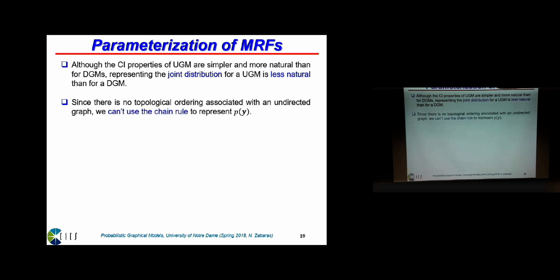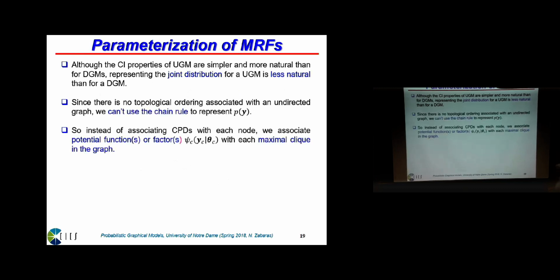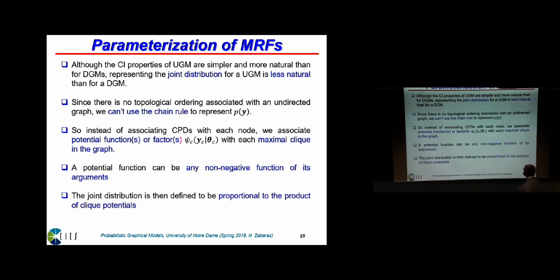All right, so let's discuss the parametrization. The parametrization we discussed has to be in terms of potentials defined over the cliques. Each of these potentials is parameterized with a set of parameters theta_c, so this is the potential on clique C. These potentials capture local dependence between variables, but they are not probabilities.